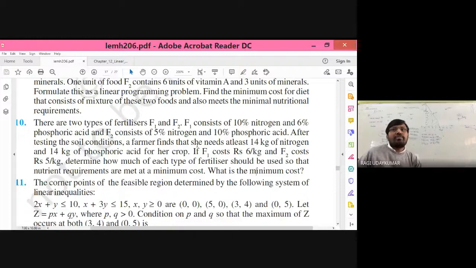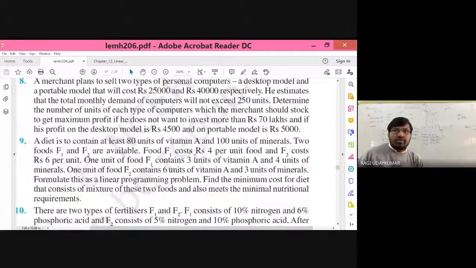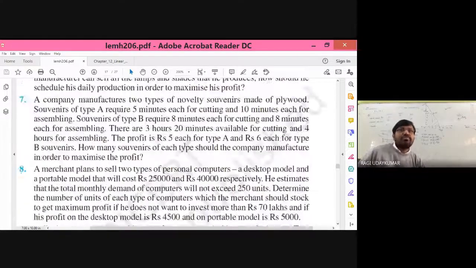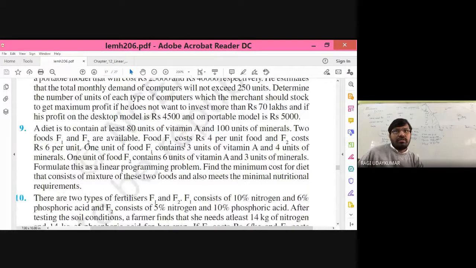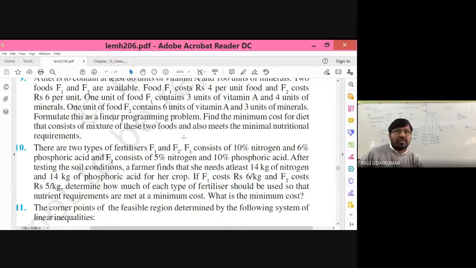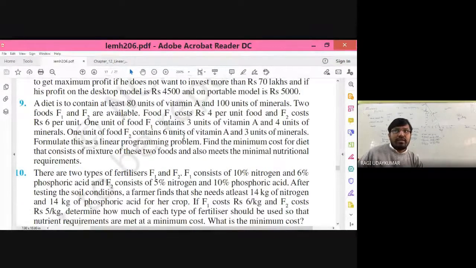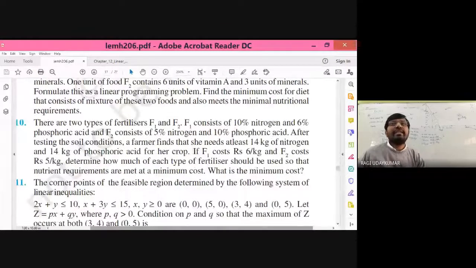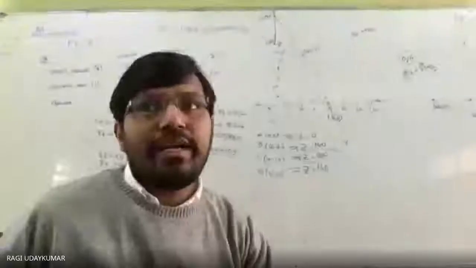In that situation, the minimum cost should be found. Don't consider that whenever it asks for the minimum, the region is unbounded, and for the maximum, it is bounded. It is not like that. Depending upon the situation and the problem, you need to read the question, and by reading it you should be ready to understand.